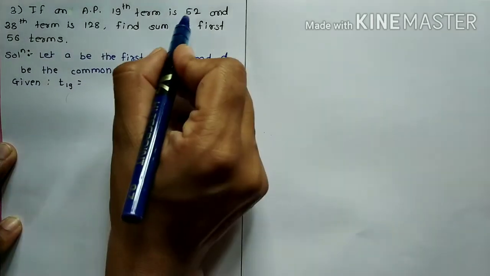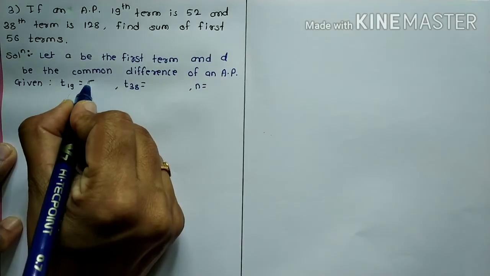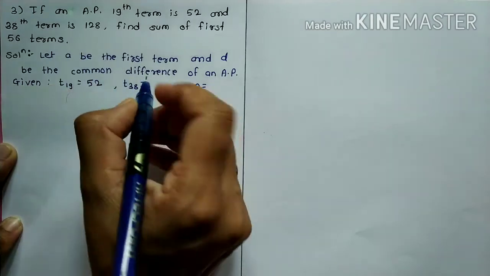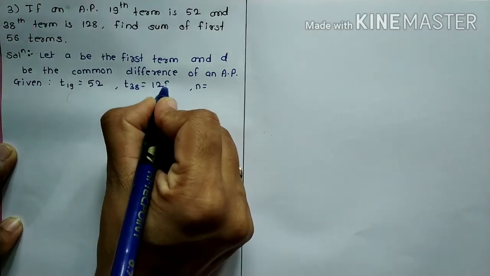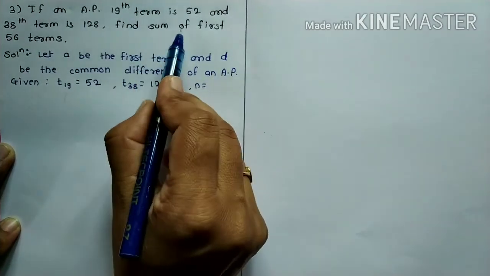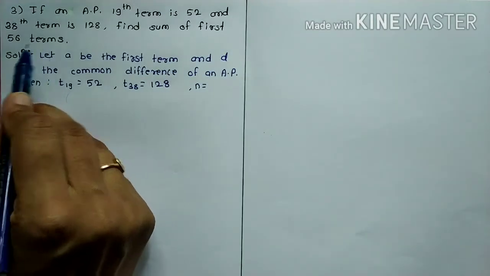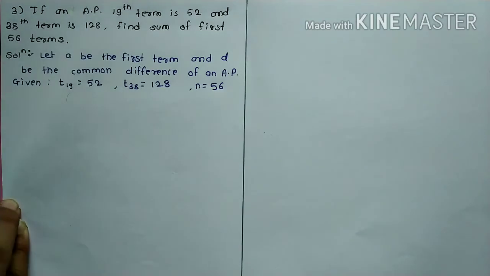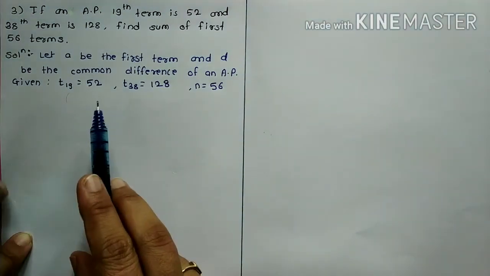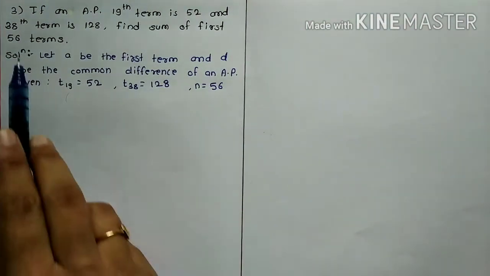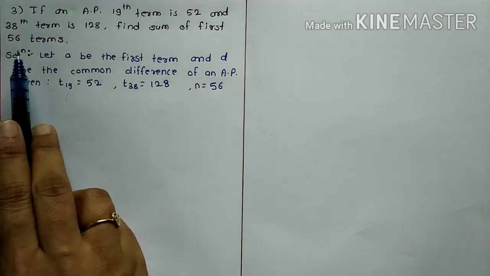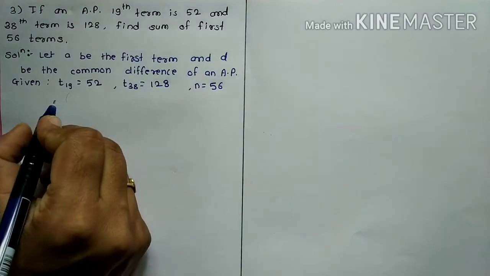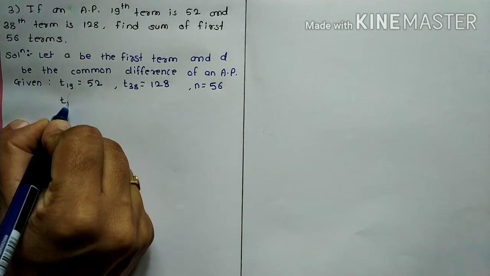T19 is 52. T38 is 128. We have to calculate the sum of the first 56 terms, which means n is 56. See carefully how to calculate S56, that is, the sum of the first 56 terms. Here first write down the formula of Tn.